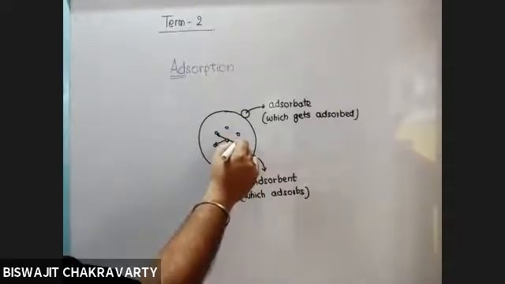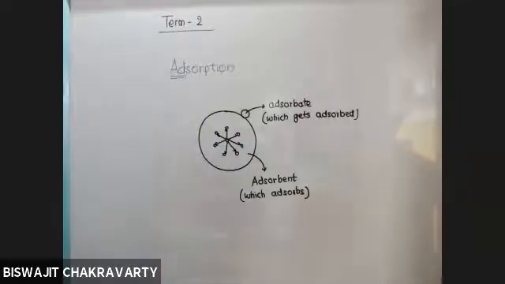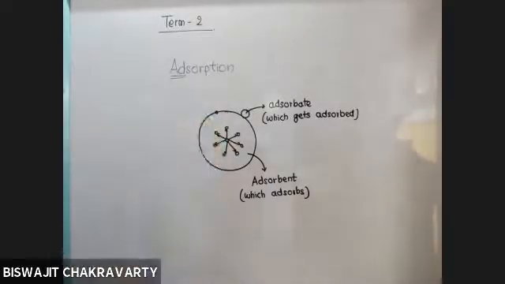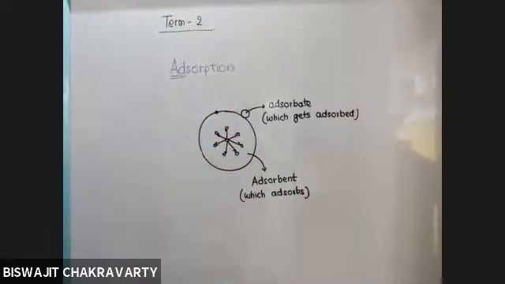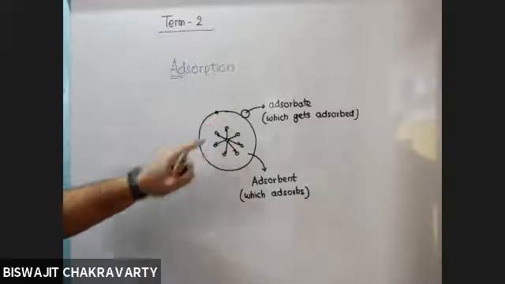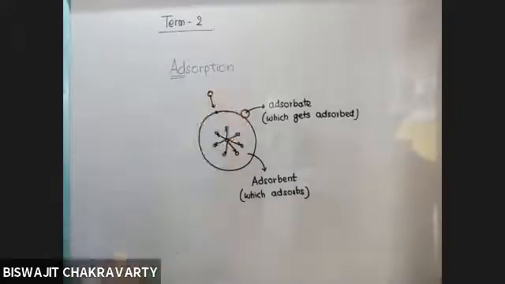And when there is equal attraction from all the sides, the net attraction on the molecule in the bulk is nil. But when you talk about the surface, there are molecules only below it, there is no molecule above it. As a result, there is an unbalanced force acting upon it, and therefore any molecule which wants to come in gets adsorbed.